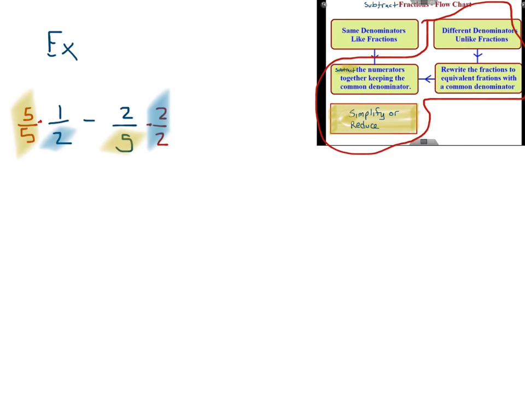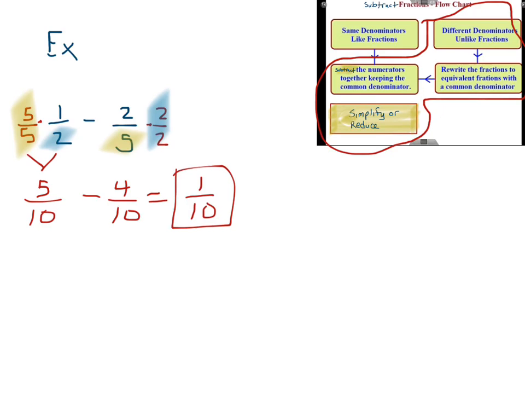So that's what's happening. So let's look at what happens here. We got 5/10 minus 4/10, which will equal 1/10, and that's our answer. Done. Next, I have to find common denominators, so then you subtract the numerators.